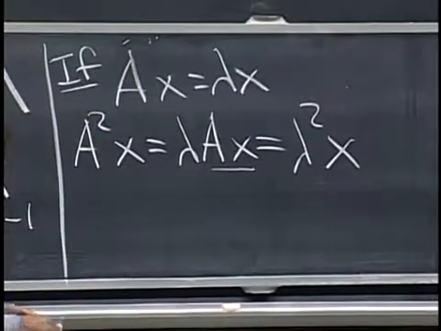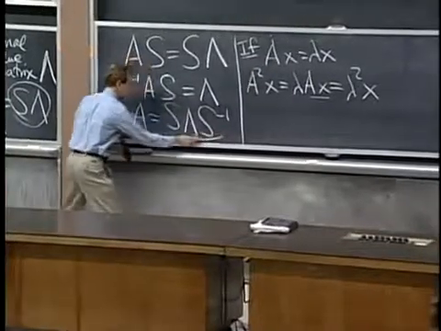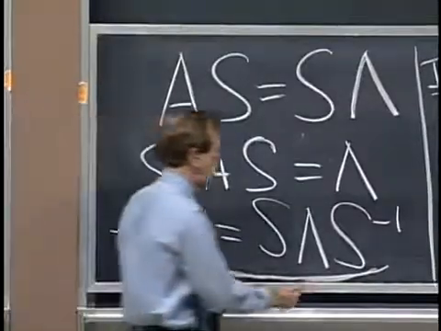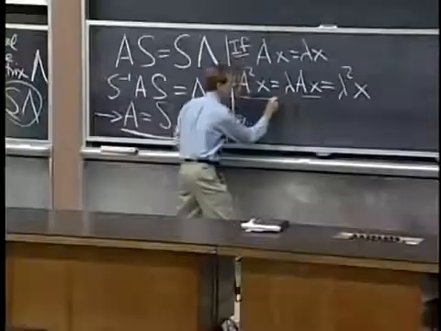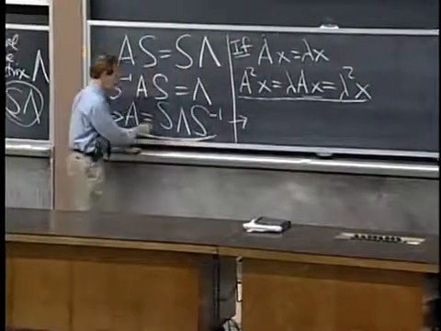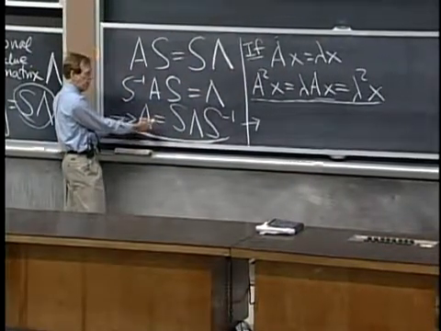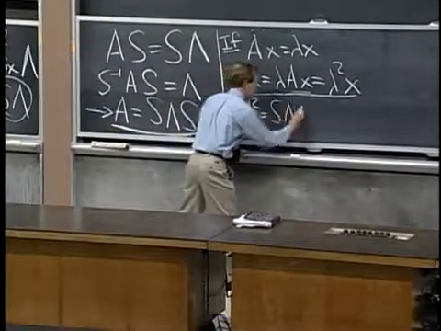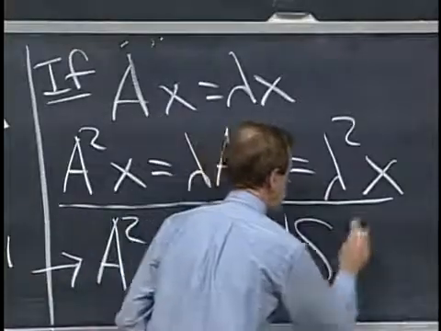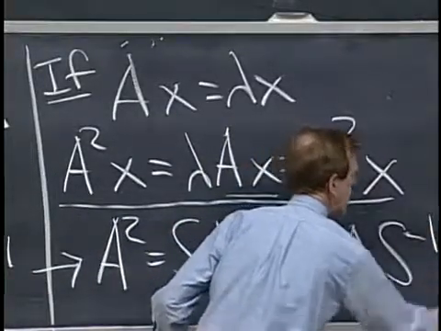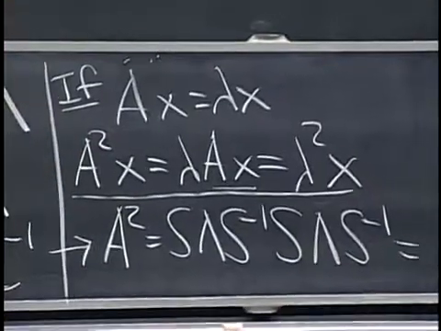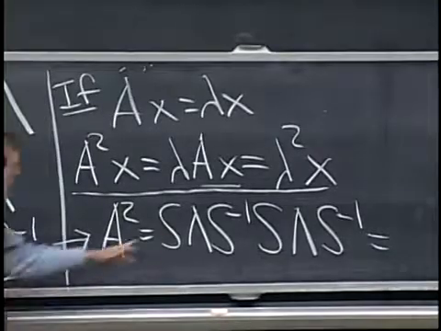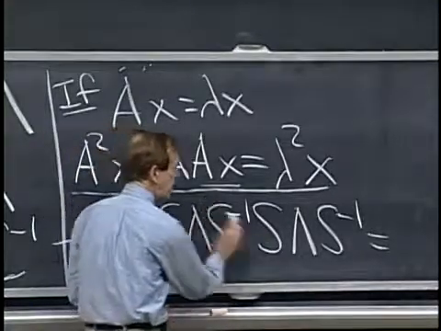Now, let me see that also from this formula. How can I see what A squared is looking like from this formula? So that was one way to do it. Let me do it by just taking A squared from that. A squared is S lambda S inverse, that's A, times S lambda S inverse, that's A. This is the beauty of eigenvalues and eigenvectors: having that S inverse and S is the identity.